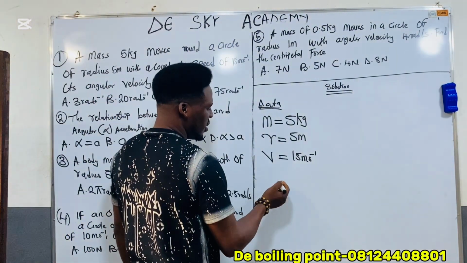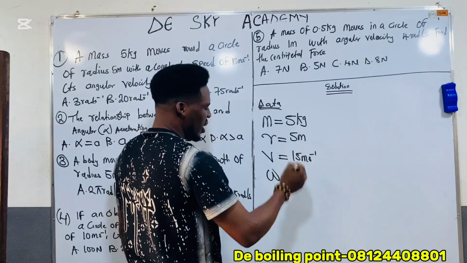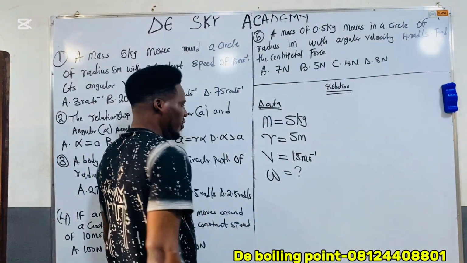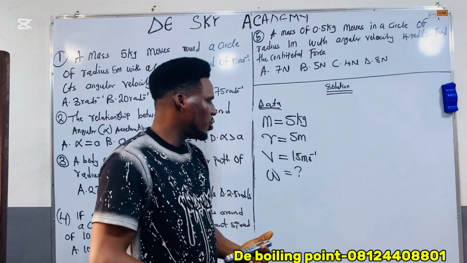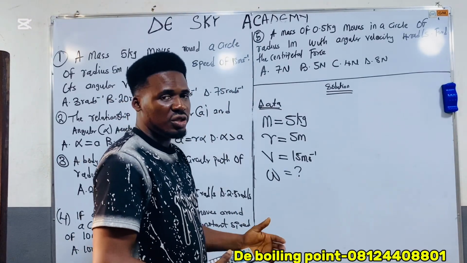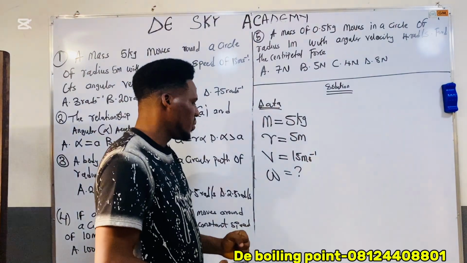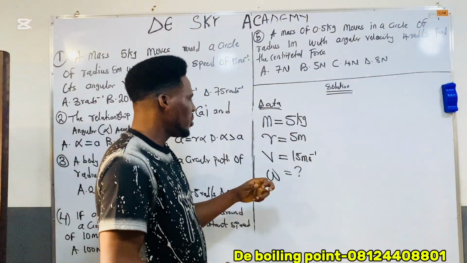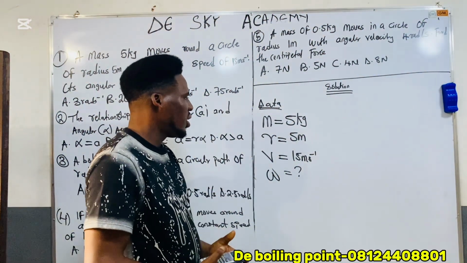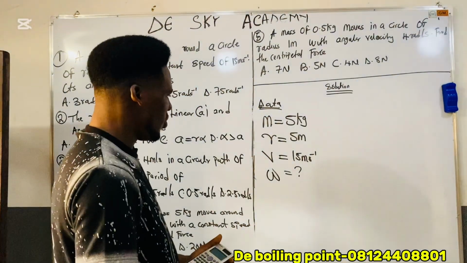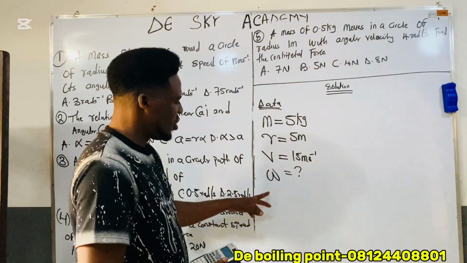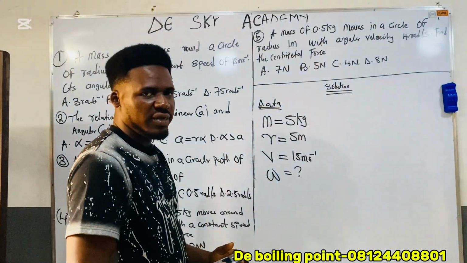What is angular velocity? Angular velocity is omega. If it is not called angular velocity, it's called angular frequency, depending on the nature of what you're being asked. For me to solve this, the mass will be useless, because there's a relationship between angular velocity and linear velocity.